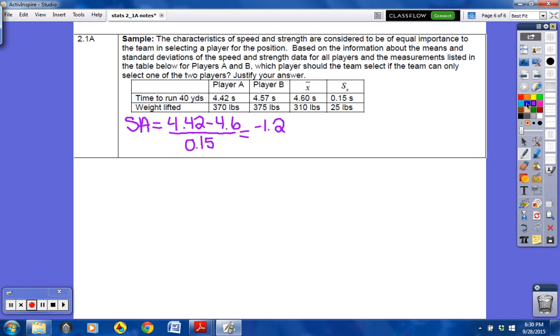Okay, so for player B, I'm going to calculate the speed. Player B had a speed of 4.57. I'm going to subtract the mean, 4.6, and divide by that standard deviation.